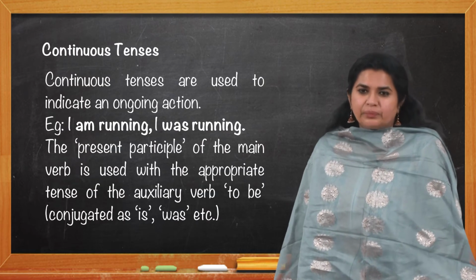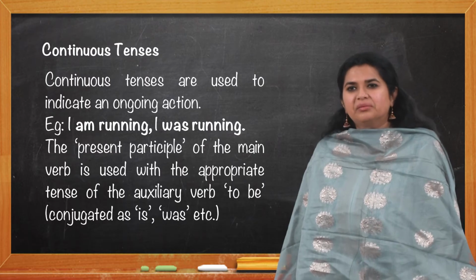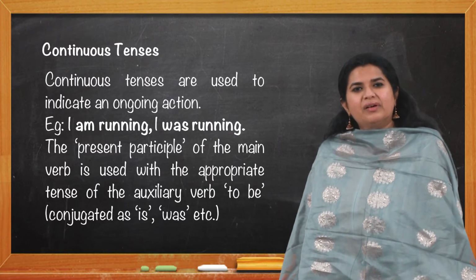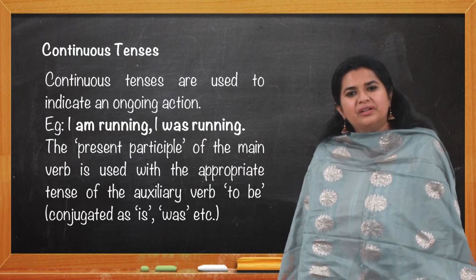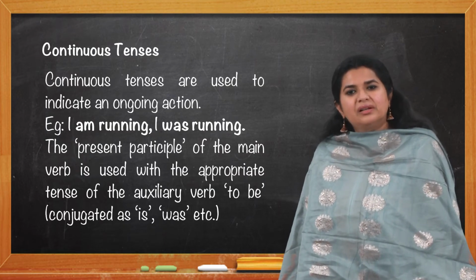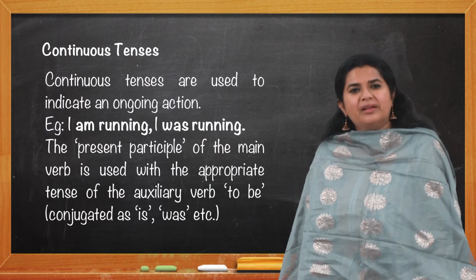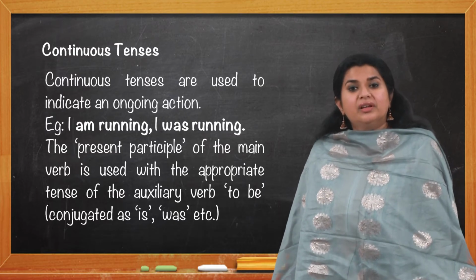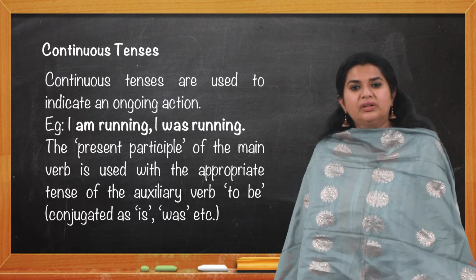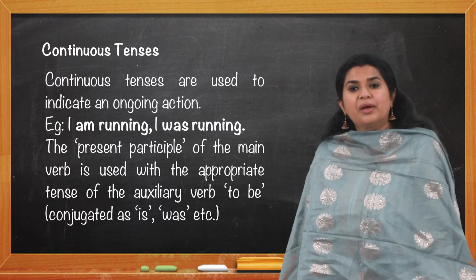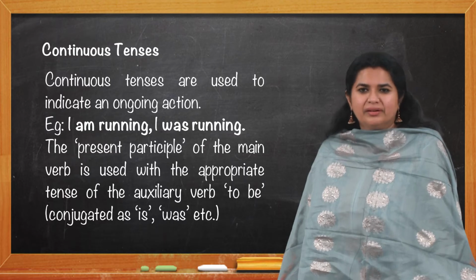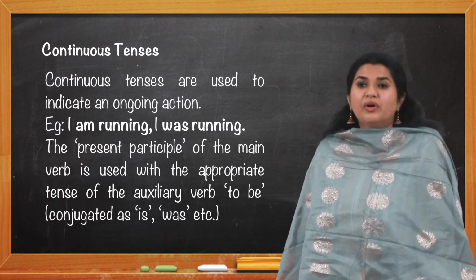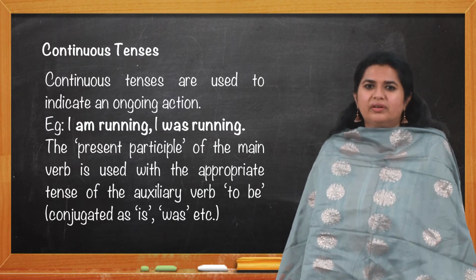Continuous tenses, part of tense again in the broader term aspect of tenses, we have continuous also: present continuous, past continuous, future continuous. Continuous tenses are used to indicate an ongoing action. I am running, it is going on. I am talking, it is going on. I was running, I was talking.